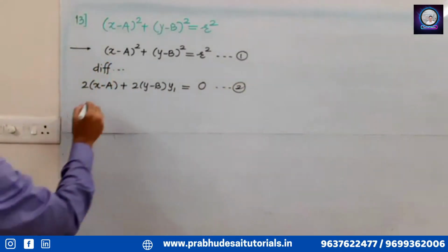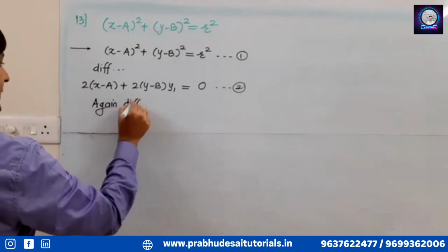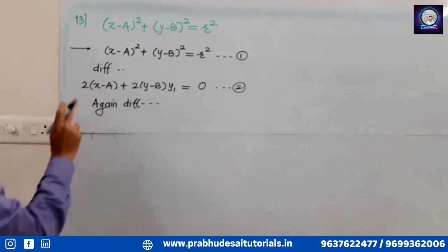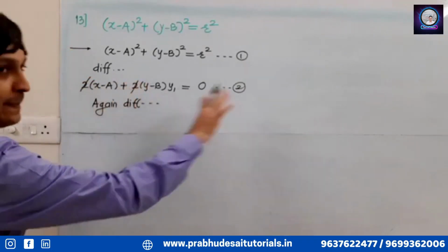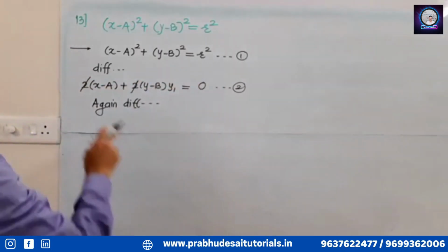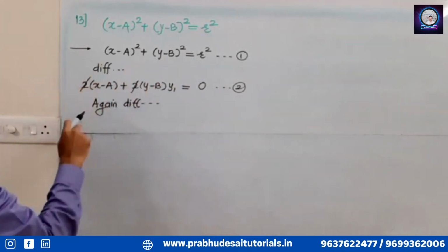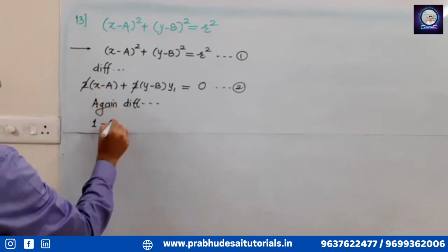Correct? Again differentiating with respect to x. Check this carefully. I can cancel this 2 throughout. Now the derivative: 2 cancelled. Again derivative of x will be 1, minus a will be 0.